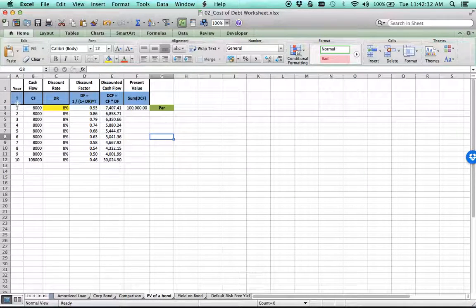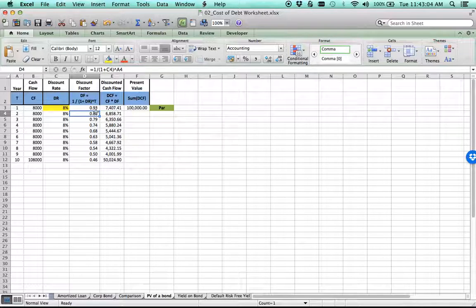So for example, with our bond, if we just assume that we've got the cash flows here, right? And we've assumed a discount rate of 8%. I've just plugged that in, okay? And so at 8%, if I were to discount all of these payments back at 8% and take their present values, so this is just the discount rate. Here, this is simply 1 divided by 1 plus 8% raised to the first power, 1 divided by 1 plus 8% raised to the second power.